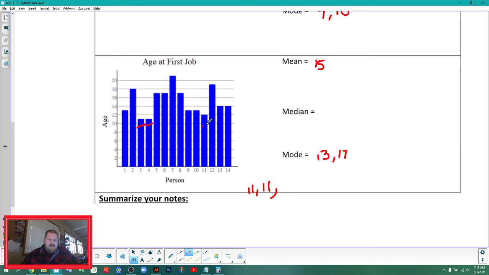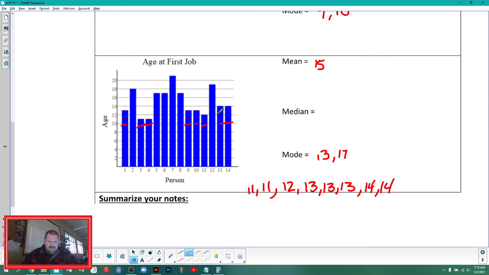I have 1 12. 1, 2, 3 13s. A couple 14s. Any 15s? Wow, that's odd. No 15s.